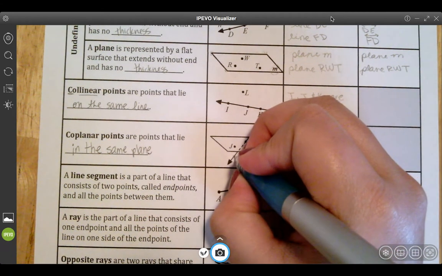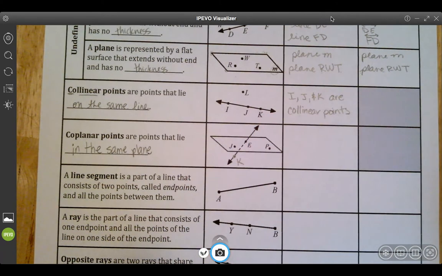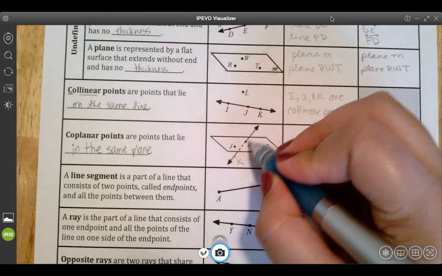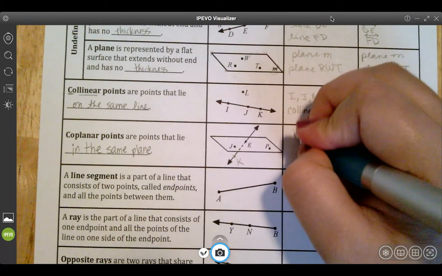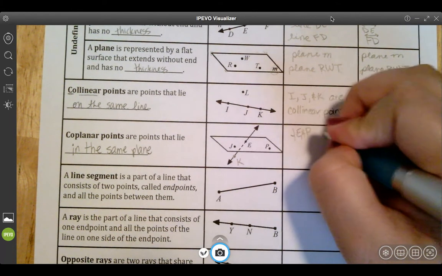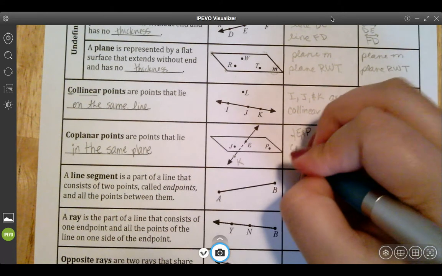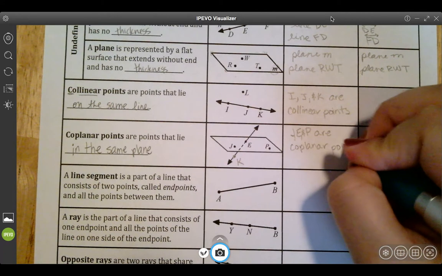If I were to draw another point here, let's call it K, that is non-coplanar, but it is collinear with E. So J, E, and P are coplanar points.